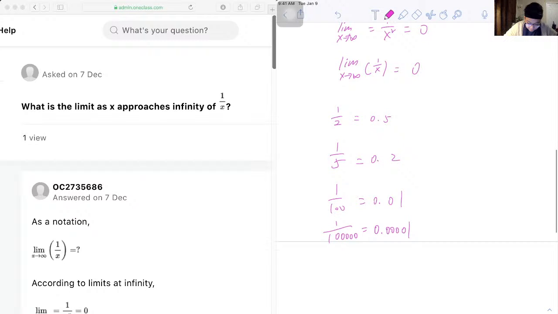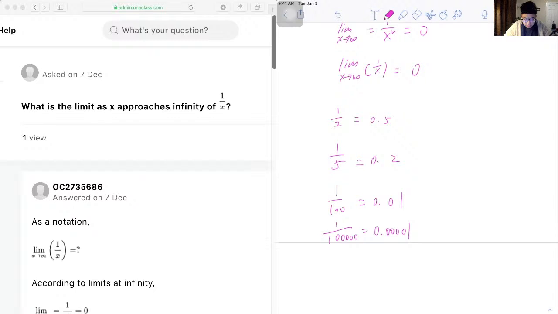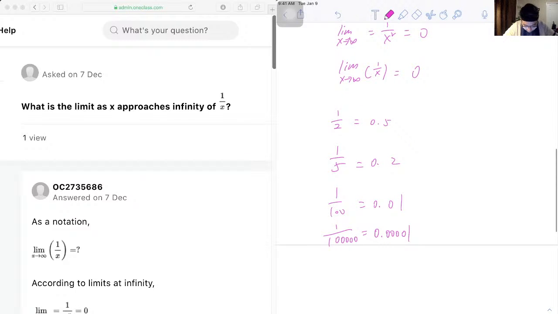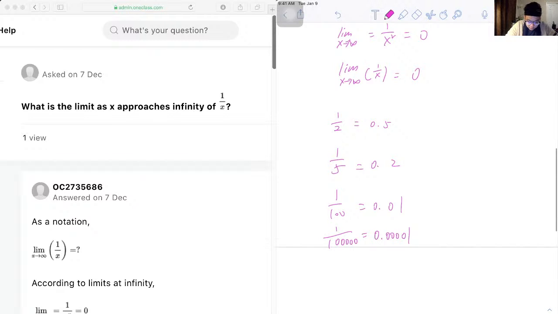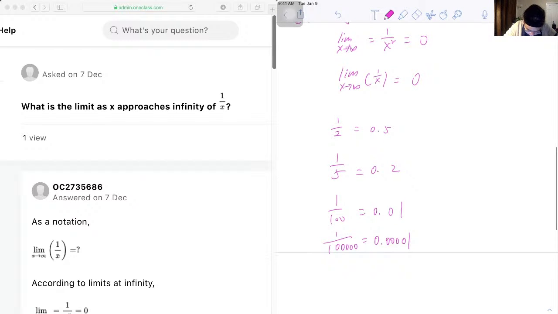As you can see, as the denominator increases, the actual value is getting closer and closer to 0. So as x increases, the limit is approaching 0.